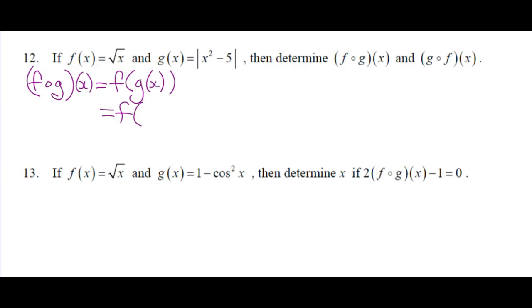What's g of x? That's the absolute value of x squared minus 5. Any restrictions on that domain? No, because the absolute value is going to make it positive. Okay, and if it's 0, doesn't matter. We can do the square root of 0.